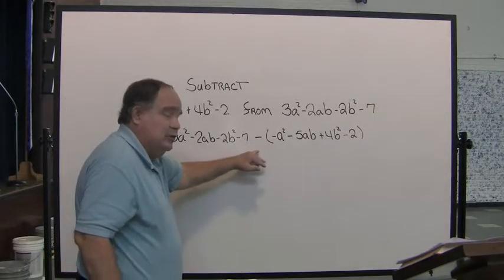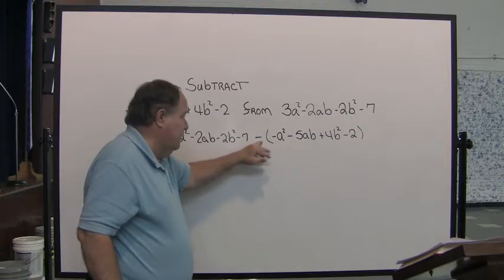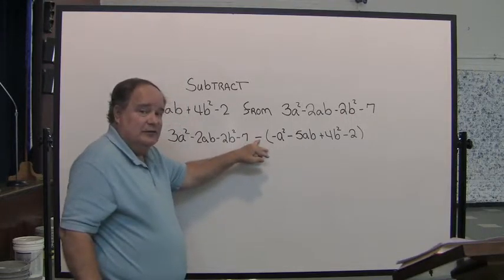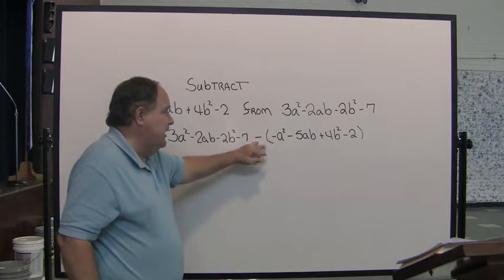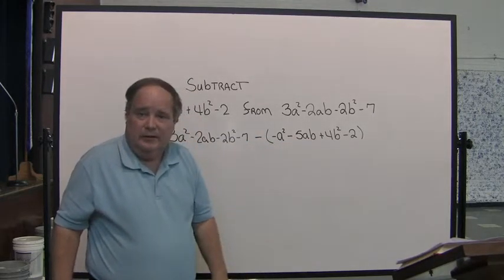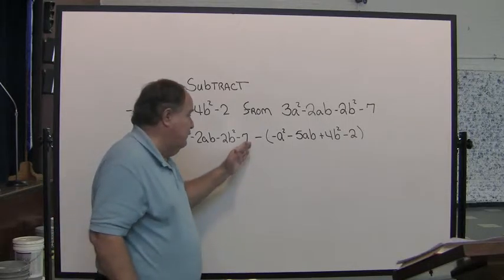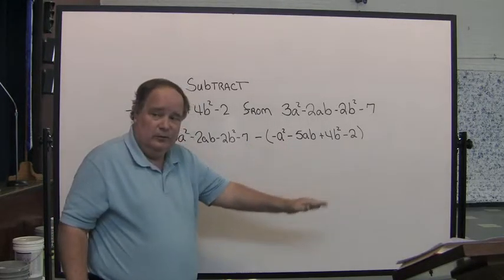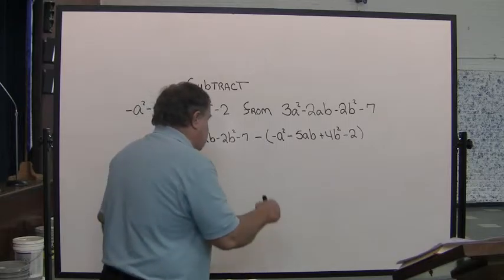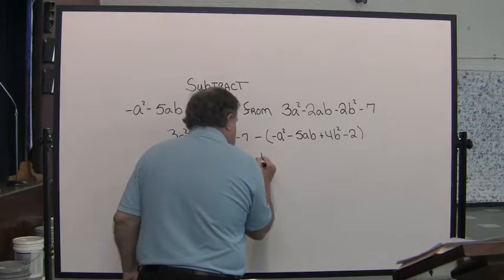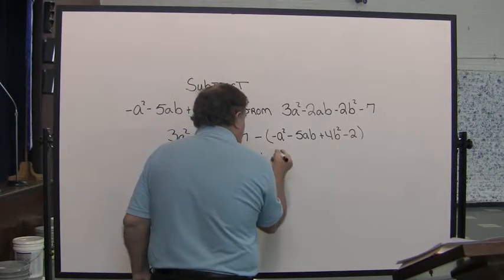So, before I do anything, I'm going to change my negative sign to a plus and change the sign of everything in here to the opposite. It's just like taking a negative 1 and multiplying it through all of these terms. So I'm going to change the negative sign to a plus, and I'm going to change all of their names.